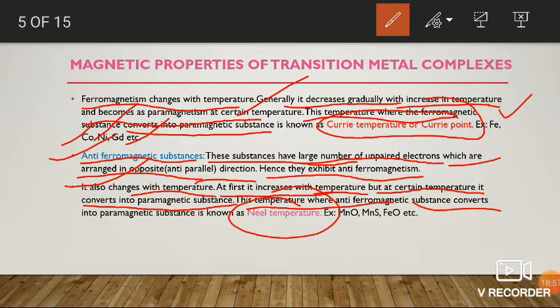This temperature is considered the Neel temperature. You must remember Curie and Neel temperature. Curie means ferro conversion into para. Neel means antiferro conversion into para.